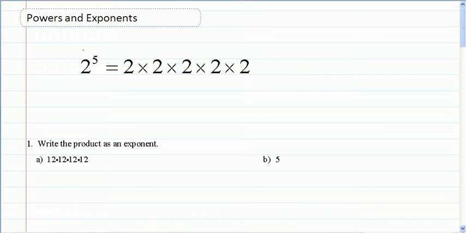In this lesson, you will learn about powers and exponents. This number 2, with the 5 on the upper right-hand corner of it, is read as 2 to the 5th, or 2 to the power of 5.